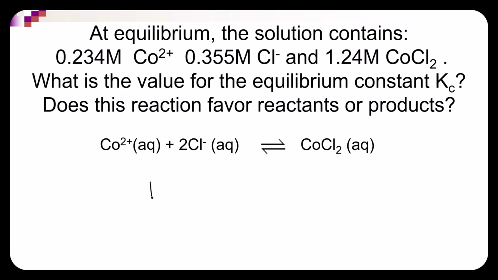All right, to calculate equilibrium constant K, we're going to take the concentration of our products divided by the concentration of our reactants.